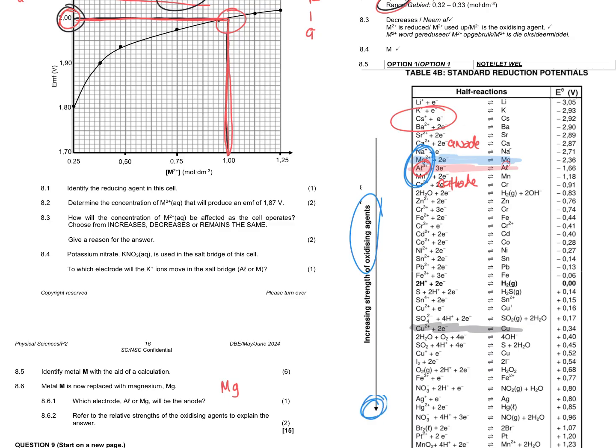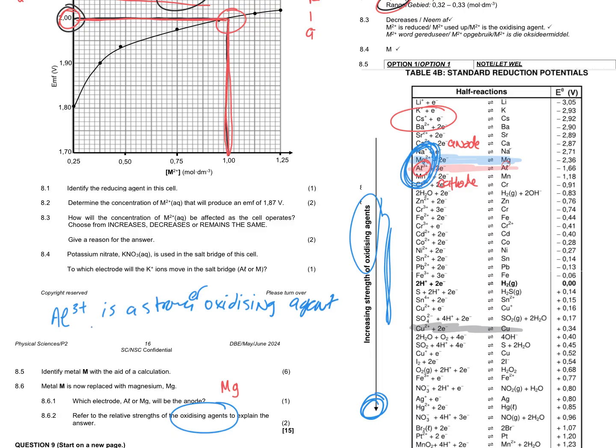So now you need to compare magnesium and aluminium, and you need to say that Al3 plus is a stronger oxidizing agent. It tells you that with the arrow. The question asked you to talk about oxidizing agents, so we're arguing with the things that are on the left-hand side. Al3 plus is a stronger oxidizing agent than Mg2 plus.